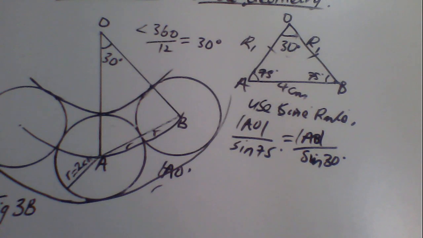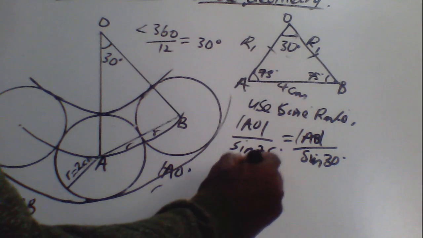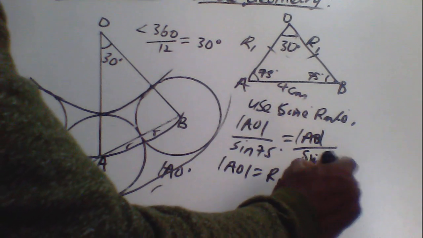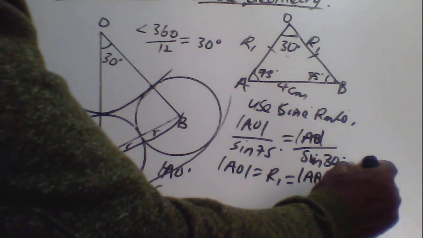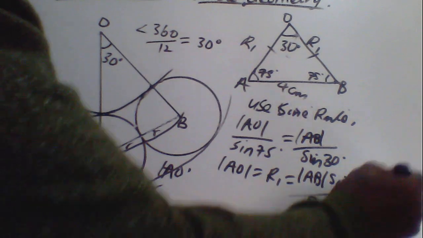Because we know that AO is equal to R1, we just cross multiply, and have R1 equal to AB sine 75 divided by sine 30.